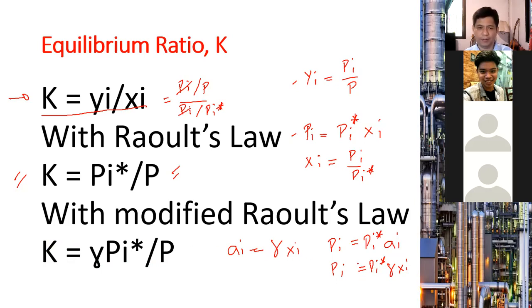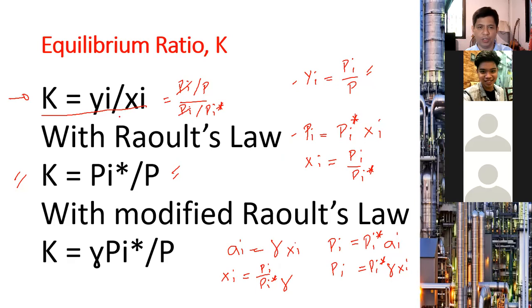Na-imagine nyo ba? Do you want me to continue this? Actually, di ba pag in-isolate nyo kasi yung x sub i, dali na lang naman, isang step na rin lang. So pag in-isolate nyo yung x sub i, you will have P sub i divided by P sub i star times gamma. Kita nyo na? You will have the same y sub i equation, ito pa rin naman yan.